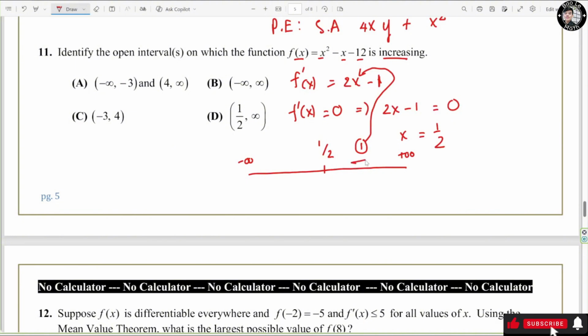So this side is positive. If this side is positive, the other side must be negative. Now we need increasing, which means f prime of s greater than 0, from 1/2 to infinity. So the answer must be D.